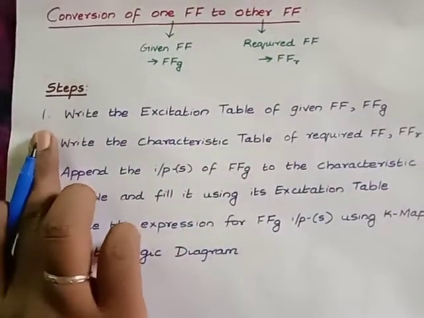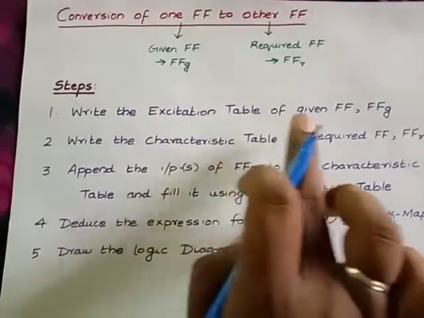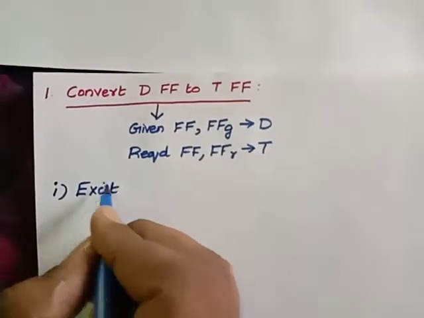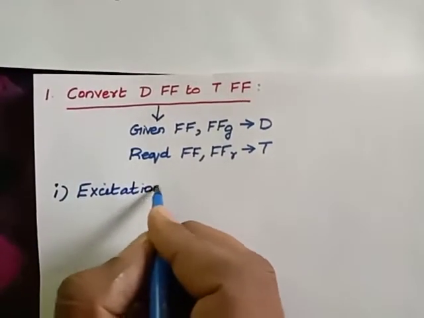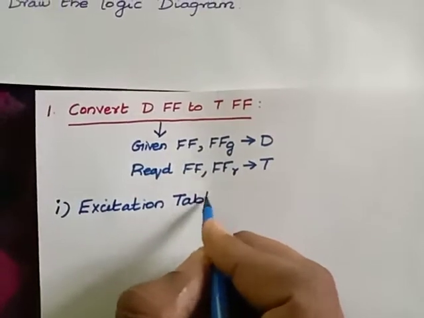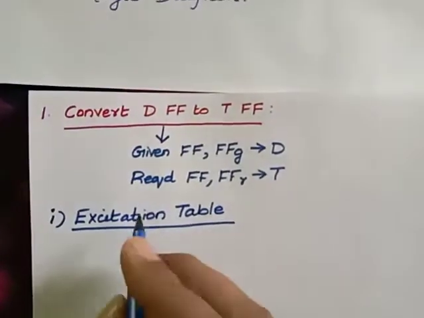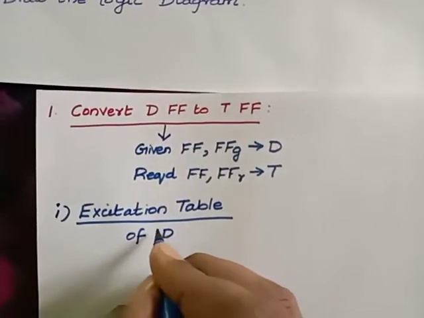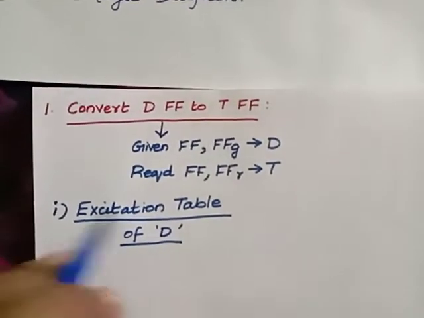The first step is you have to write the excitation table of the given flip flop. That means let us write the excitation table of the given flip flop, here it is D. So I have to write the excitation table of D flip flop.